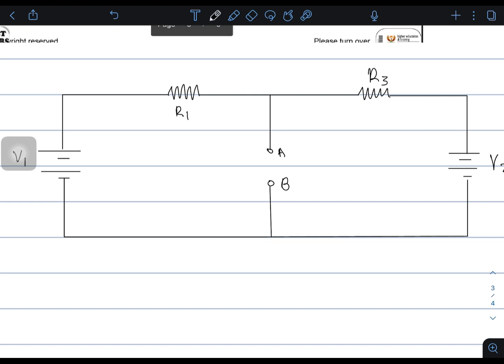That means we short circuit one source and see what the Thevenin voltage is. Then we bring back the one that we short circuited and short circuit the other source, and see what Thevenin voltage we get. Those two Thevenin voltages we then get, we're going to calculate the difference.